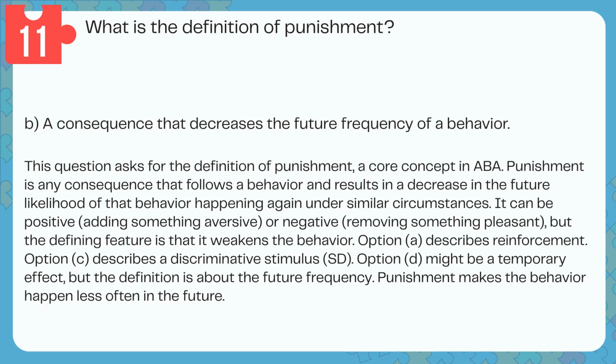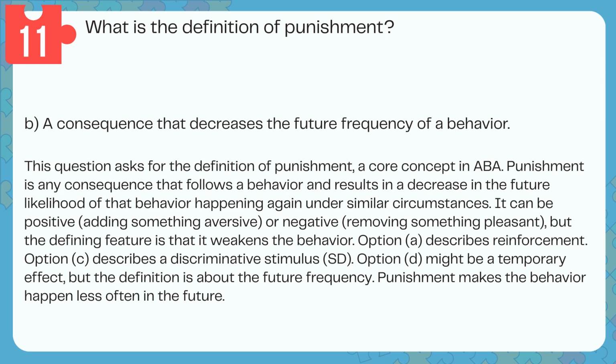Answer: B. A consequence that decreases the future frequency of a behavior. This question asks for the definition of punishment, a core concept in ABA. Punishment is any consequence that follows a behavior and results in a decrease in the future likelihood of that behavior happening again under similar circumstances. It can be positive, adding something aversive, or negative, removing something pleasant.